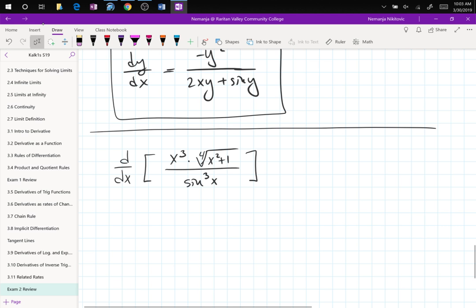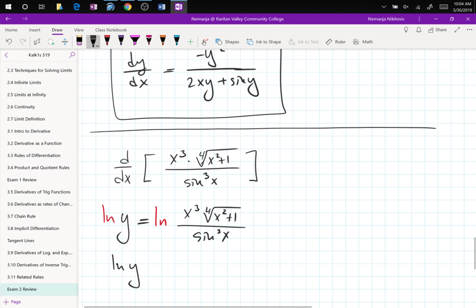We said that we have to use ln. So y equals, leave some space, and then you have your x cubed, fourth root of x squared plus 1 divided by sine cubed x, and then you ln both sides, and then you expand. So ln y is equal to 3 ln x plus 1/4 ln of x squared plus 1 minus 3 ln sine x as the argument.